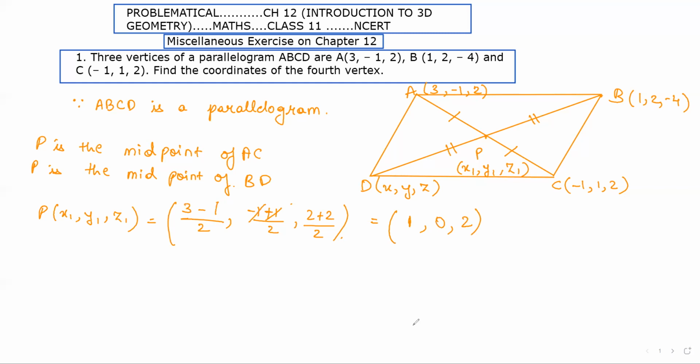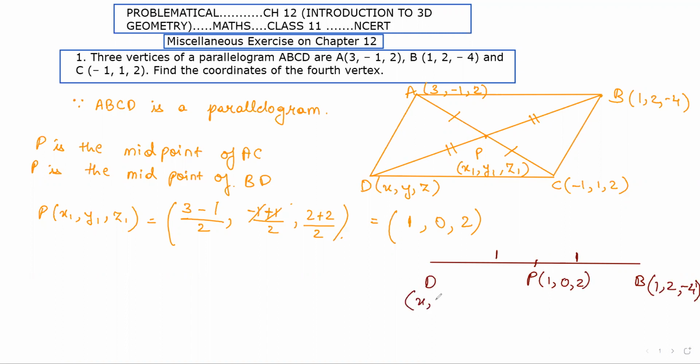Now, we know that you can apply the section formula over here. This is point D, this is point B, this is your point P, and it is dividing BD in the ratio 1:1. The coordinates of B are given: 1, 2, and -4.